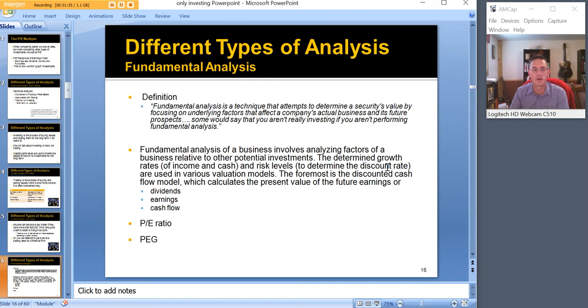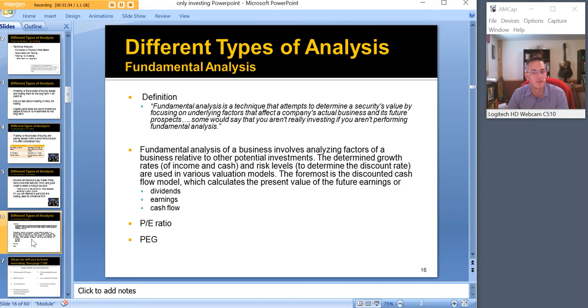That's what we're talking about here. And then we apply it to what's called a valuation model. The foremost is the discounted cash flow model, which calculates the present value of future earnings through these various means. And we have different ratios that we monitor to see what's potentially a good investment.